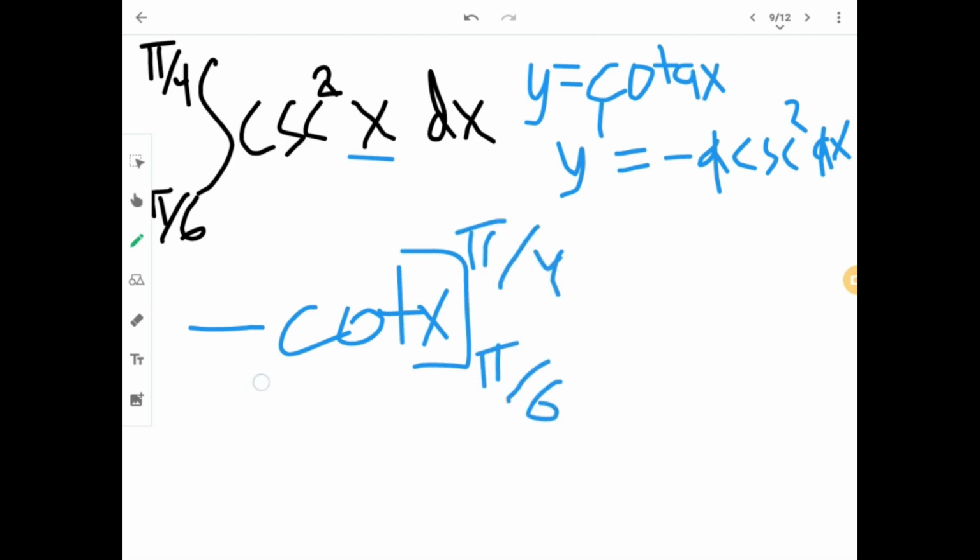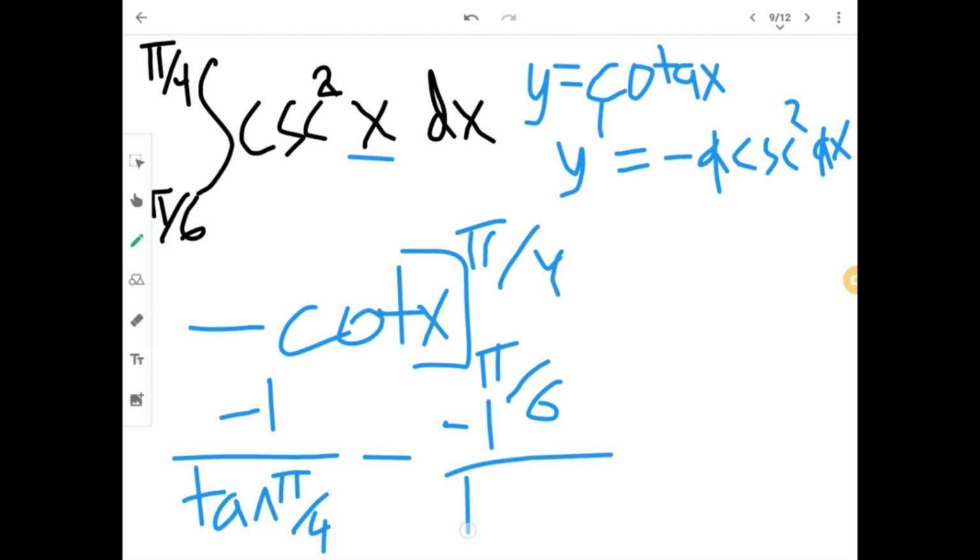So then you take your calculator out, you do minus 1 over tangent pi over 4 minus 1 over tangent pi over 6. Remember to keep the calculator in radians.